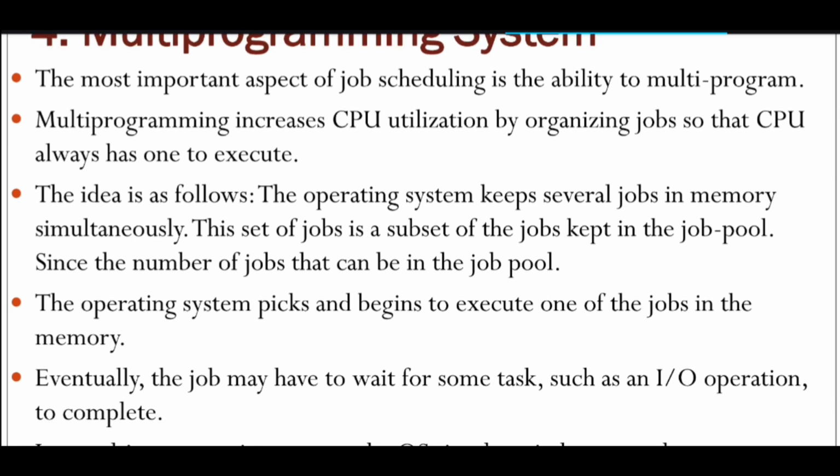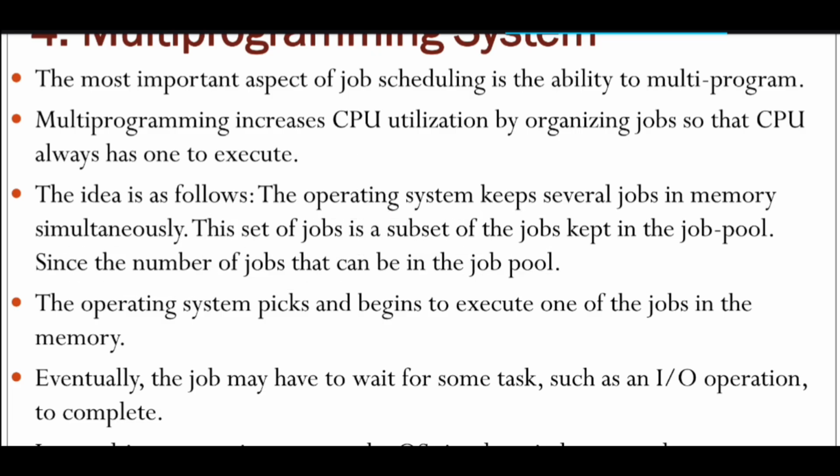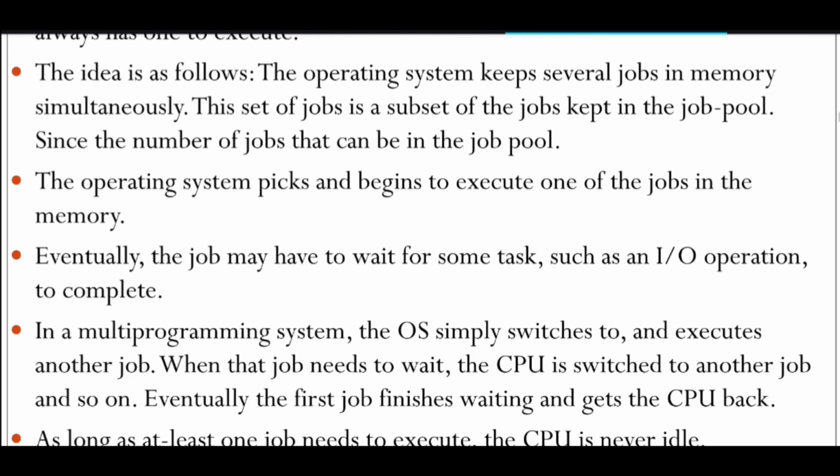Then here the idea is as follows. The operating system keeps several jobs in memory simultaneously. The set of jobs is a subset of the jobs kept in the job pool. There are multiple jobs in our job pool, and there may be a subset of these jobs.